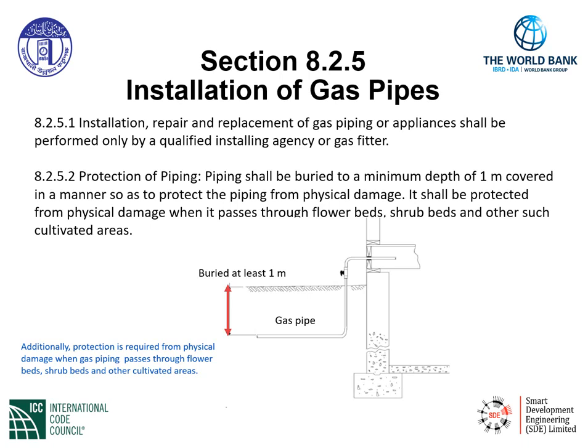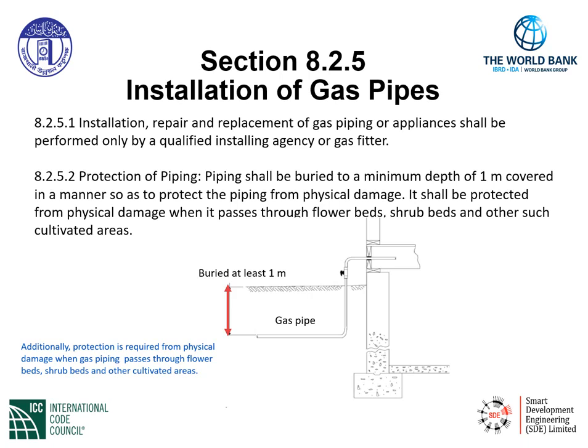The depth here, ladies and gentlemen, is to provide some protection from things such as cultivating materials and tools utilized to dig up the surrounding earth, such that we do not hit the gas piping system and cause damage or even leakage to the system.